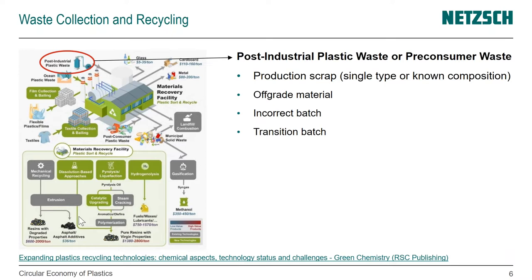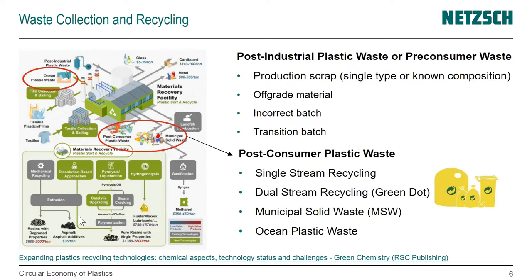And that means we normally have a single type of material and or known composition. We know what goes into those products. But we can also have off-grade material during production, an incorrect batch, or transition batches in compounding or even polymerization. And then we can look down here that also the flexible plastic films and textiles have that to a degree.